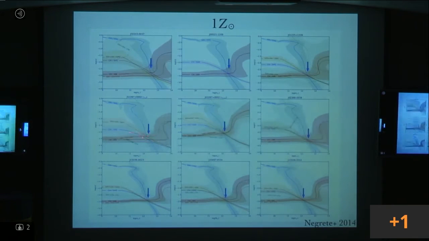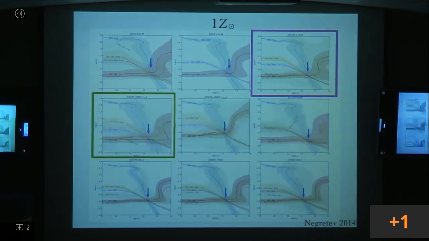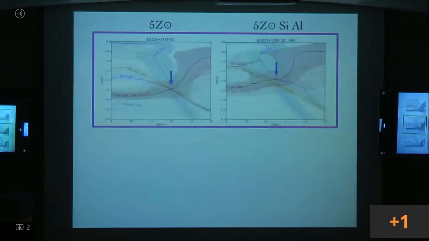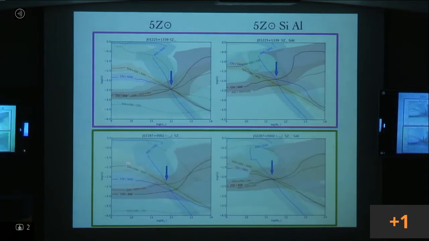This is the cloudy simulation for 1 solar metallicity, and for these 2 cases, the pink and the green cases, the silicon 4 over carbon 4 ratio is below the crossing point. For those 2 cases, we tried other metallicities. This is 5 solar and 5 solar plus overabundance, and we see that in this case, the crossing point is very good. And for the green case, we see that the agreement improves for 5 solar metallicity with overabundance.